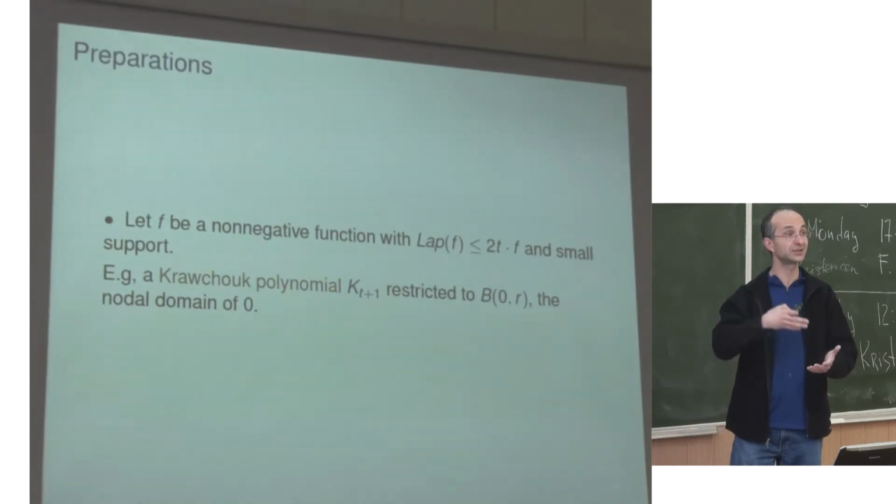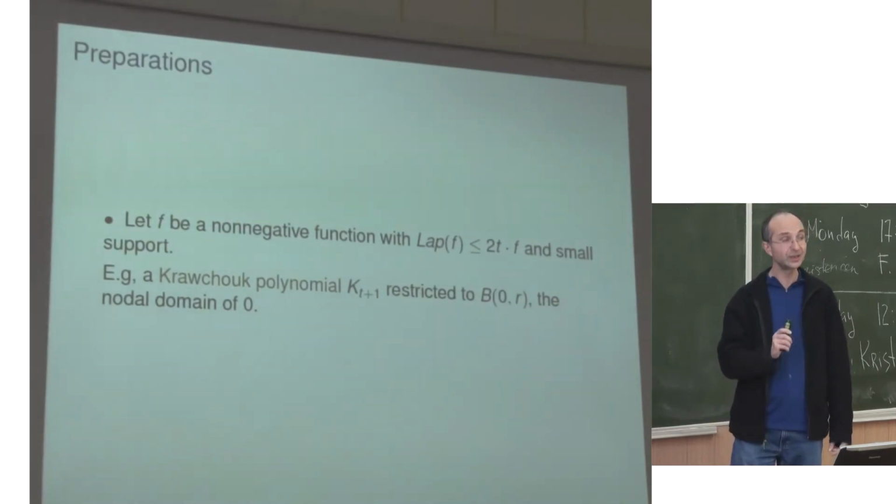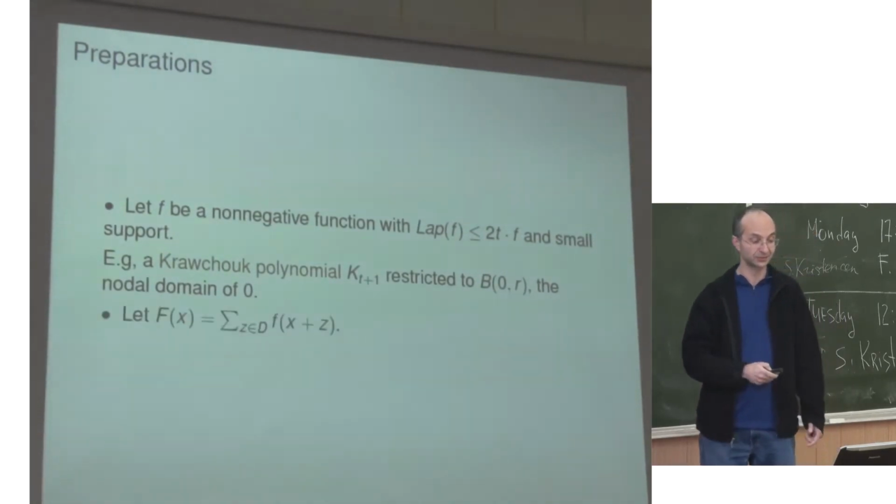We have these eigenvalues lambda 0 up to lambda t, and we take the next, following smaller eigenvalue. We take a symmetric function, which depends only on distance from 0, corresponding to this eigenvalue, and we restrict it to its positive values around 0. So it's positive at 0, it goes down, at some point it becomes negative, and we only look at the symmetric ball around 0 where the function is positive. Right? This is our function.